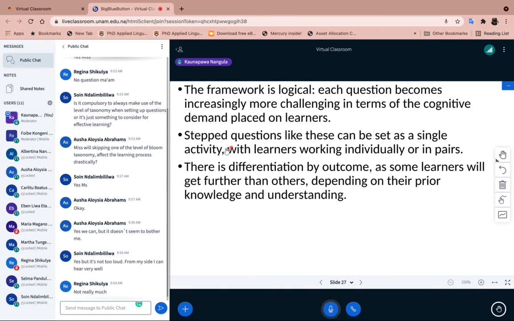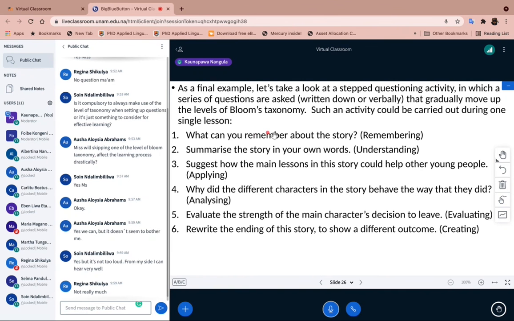I wanted to mention that, and when you have such activities, you have to make sure that if the main objective of the lesson is, let's say, to come up with a conclusion, then obviously with these other parts of the activity, you don't have to spend so much time.